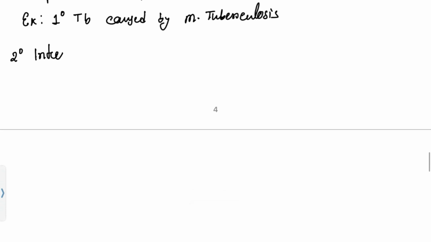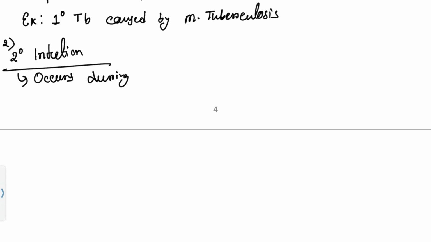Now coming to the secondary infections. What is secondary infection? Secondary infection occurs during or after the primary infection. As the primary infection weakens the immune system, now he is immunocompromised, and subsequently he will get another infection. That all will come under secondary infections.